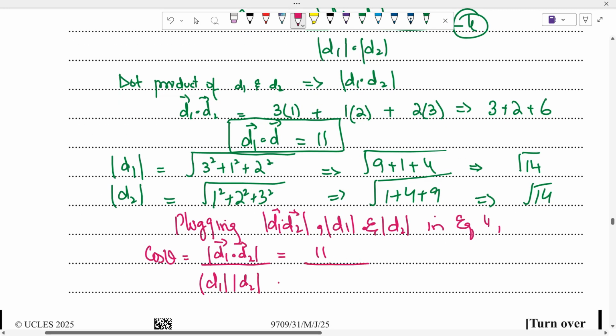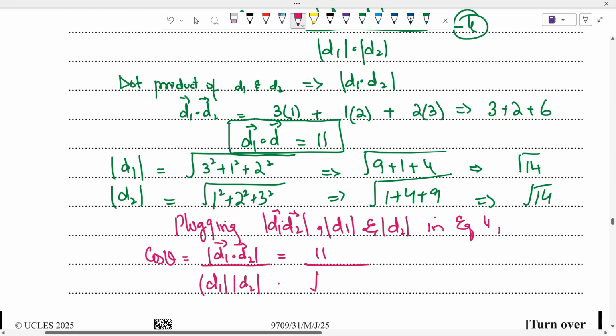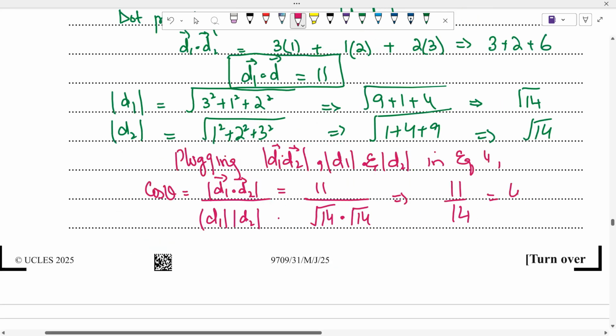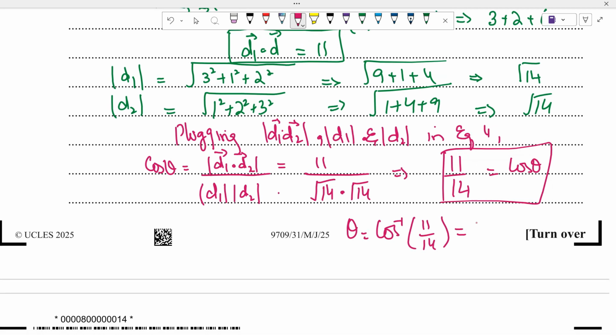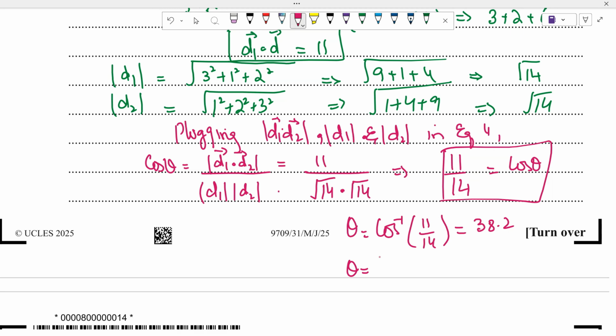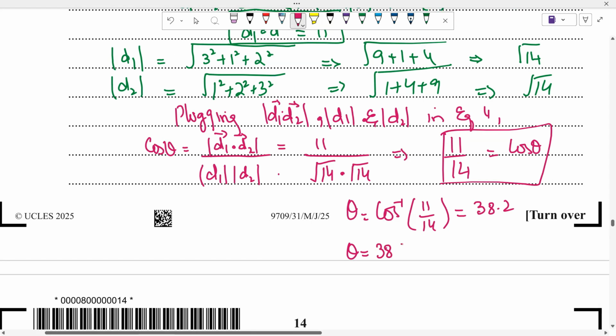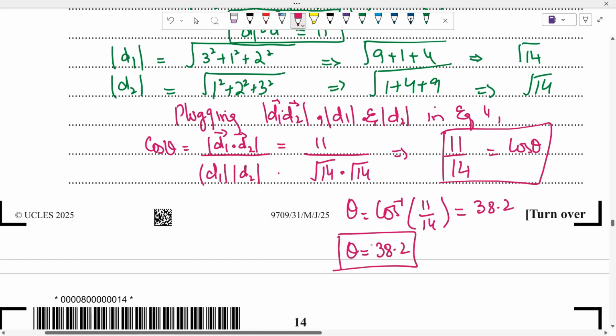So 11 over square root 14 times square root 14, and this is equal to 11 over 14. So this is cos of theta. So theta can be found as cos inverse of 11 over 14, which is equal to 38.2. So we can say that the acute angle between L1 and L2 is 38.2.